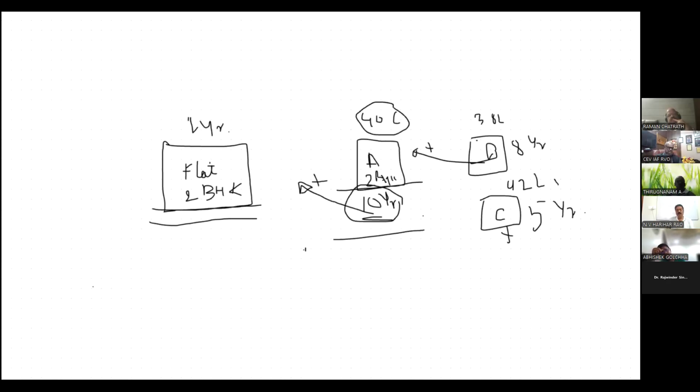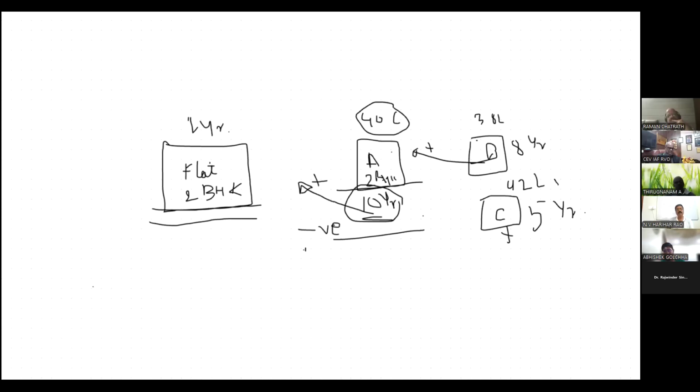Now if we compare both of them, if the same flat A was situated in a narrow lane, whether it would have fetched more price or less? Less price. So we will apply negative weightage in this case.